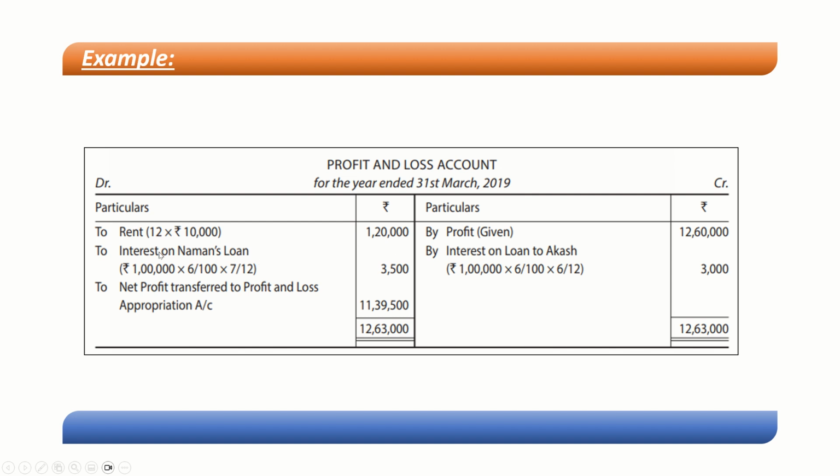This is the loan interest which the firm is paying to the partner because firm has taken a loan, and this is the interest which the firm is receiving because firm has given a loan. In either of these cases, this is passed through PL account, and then this is the amount you have to transfer to PL Appro to do further calculations of your net profit, your share of profit, like after interest on capital, interest on drawings, partner salary, commission, general reserve, all those adjustments.